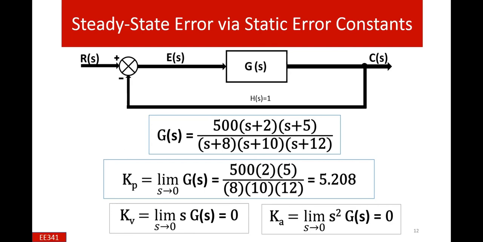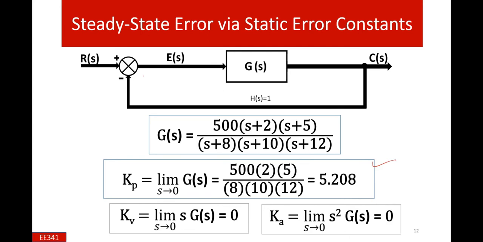First of all, find the position error constant. The definition of the position error constant that we derived in the last lectures is to find G(s) and apply the limit as s approaches 0. In our example, if we apply 500 times 2 times 5 divided by 8 times 10 times 12, then we have some constant value.